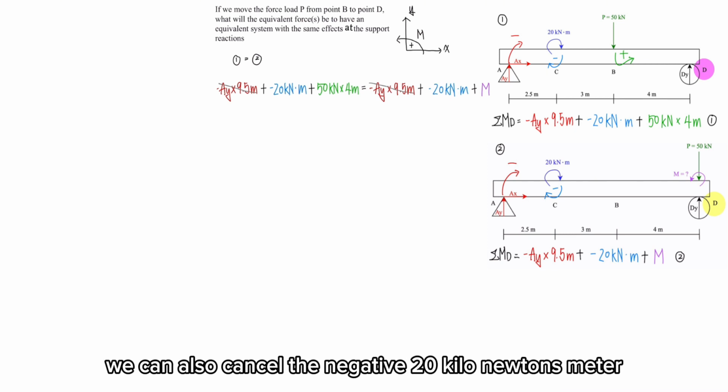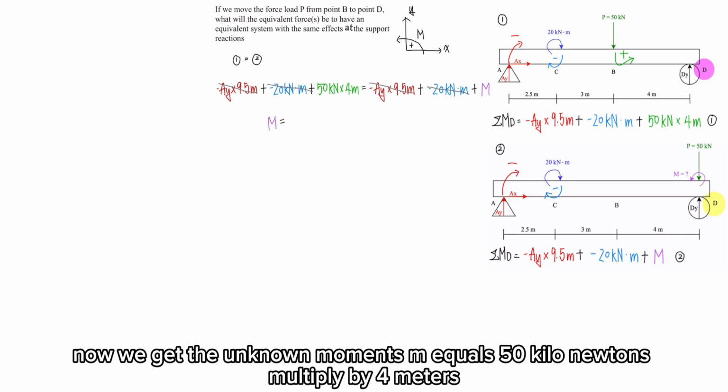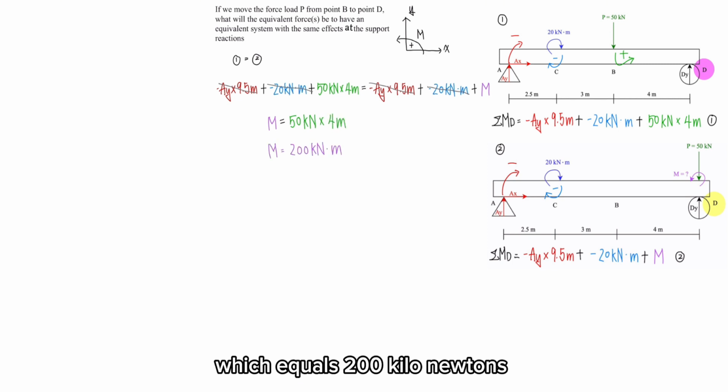We can also cancel out the negative 20 kilonewton meters because they are equal to each other. Now, we get the unknown moment M equals 50 kilonewtons multiplied by 4 meters, which equals 200 kilonewton meters.